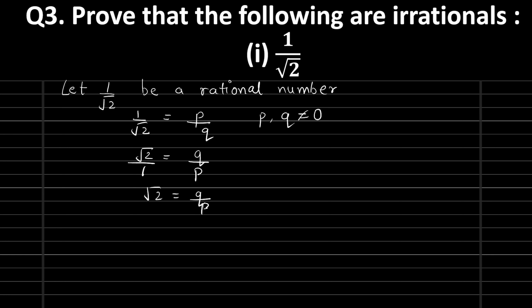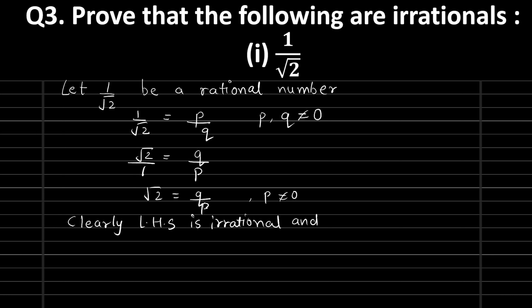So, clearly we can see here that left hand side is root 2, which is an irrational number. Left hand side is irrational. And right hand side is q by p. That's why we have taken p should also not be equal to 0.